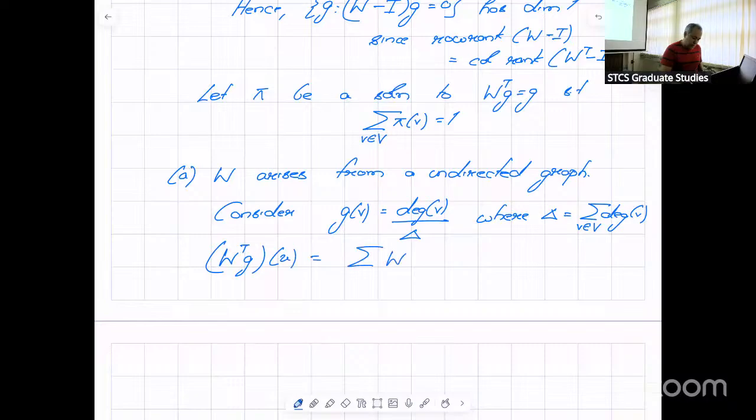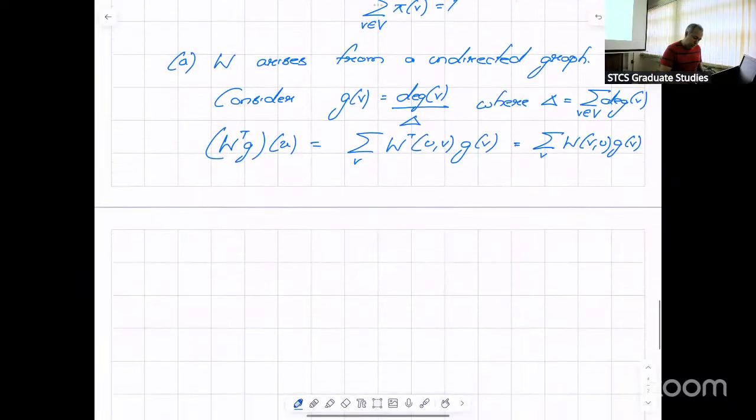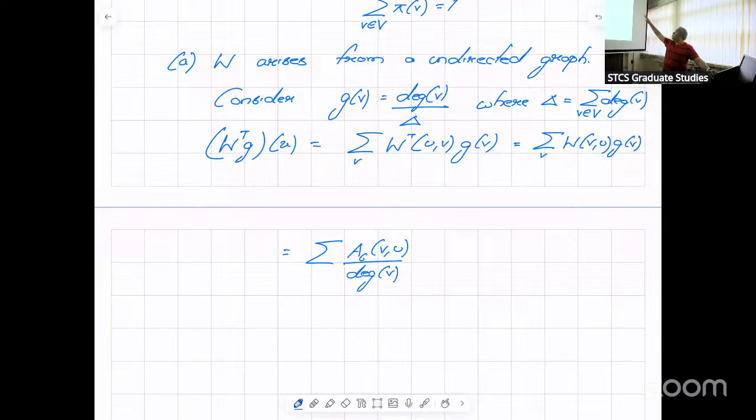This is summation over all v of W transpose (u,v) pi(v). This is therefore the same as W(v,u) pi(v). What is W(v,u)? It was the adjacency matrix A(v,u) divided by the degree of v. That is what W(v,u) was. What is pi(v)? Pi(v) is degree of v divided by delta.